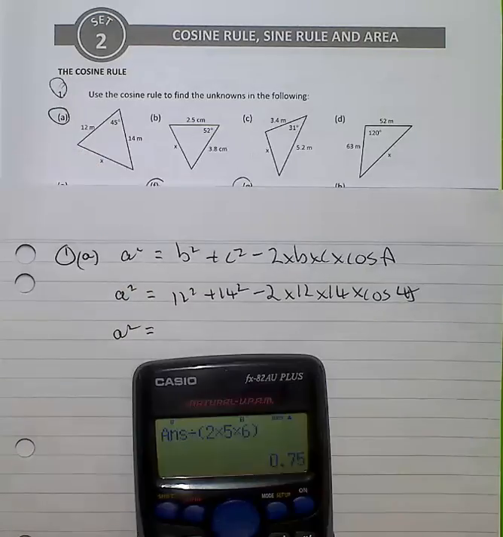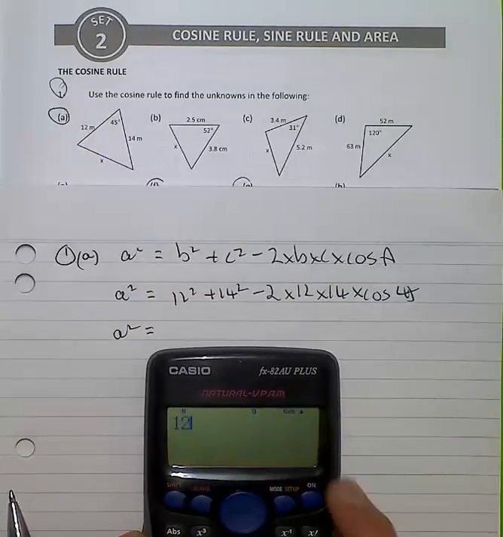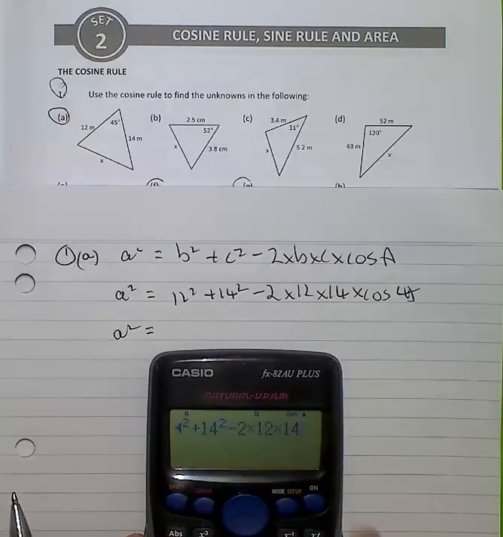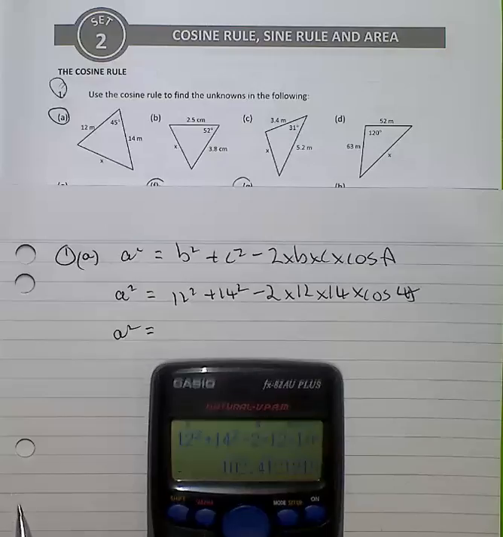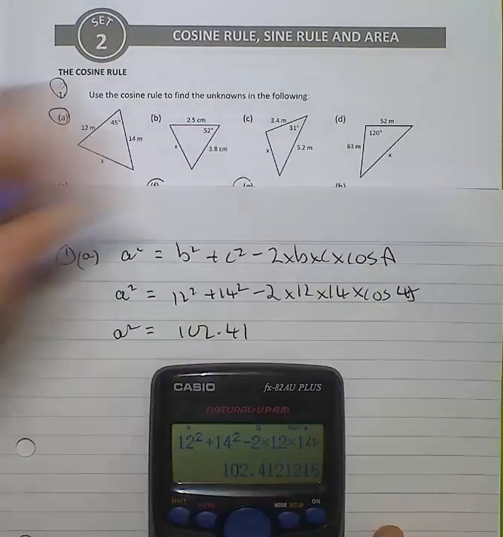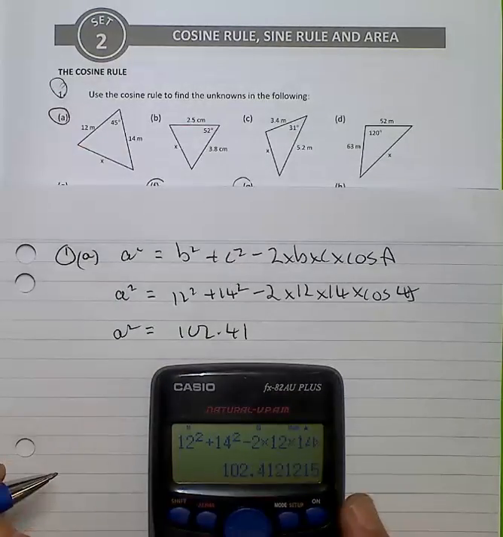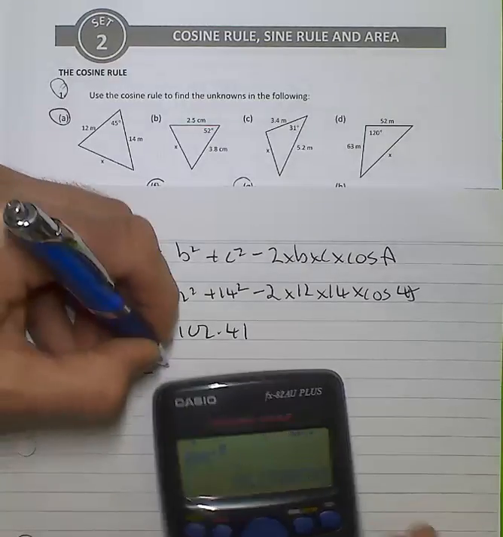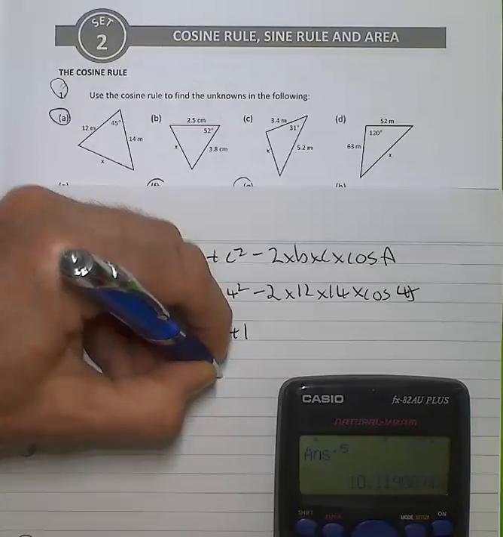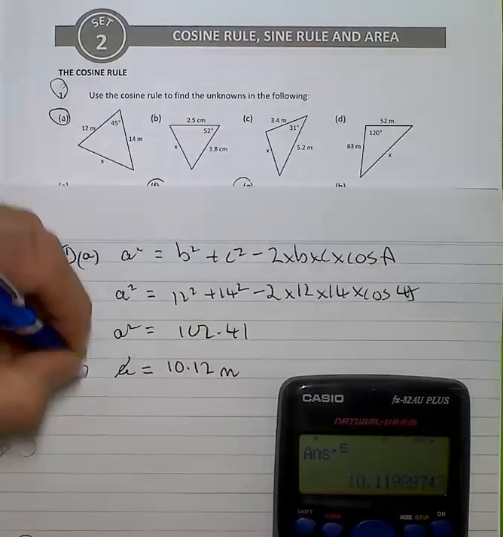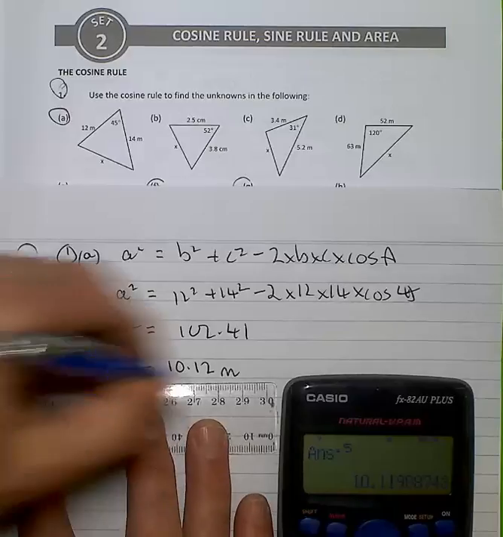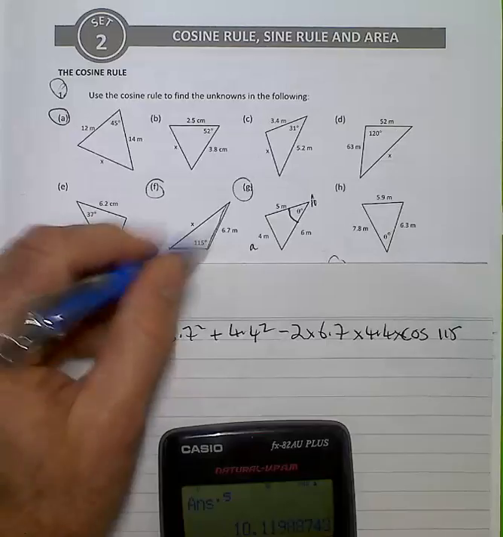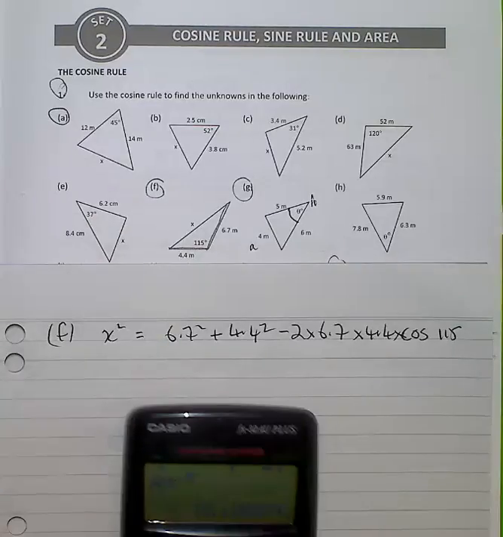Now you can do that in one hit on your calculator quite readily. Now please notice that's far too big to be realistic, so I raise that to the power of 0.5, or take the square root, and end up with A, 10.12 meters, or in this question, X. When it comes to F, we know the two side lengths and we know the angle between them.